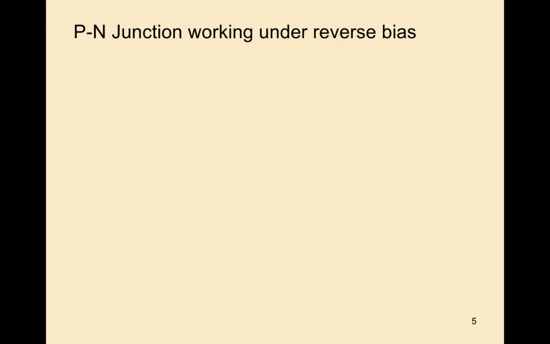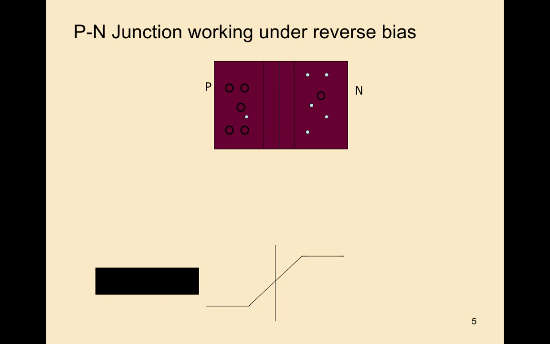So by connecting the diode in reverse biasing condition, how will it look, and how does it work under reverse bias mode? Let us see. These p-type and n-type semiconductors connected together form the PN junction diode.